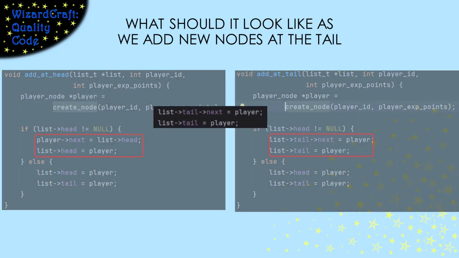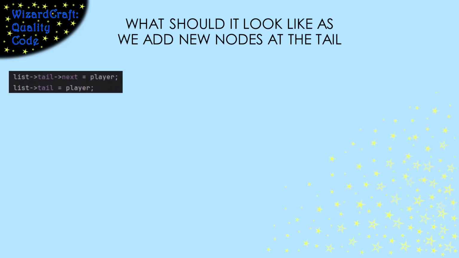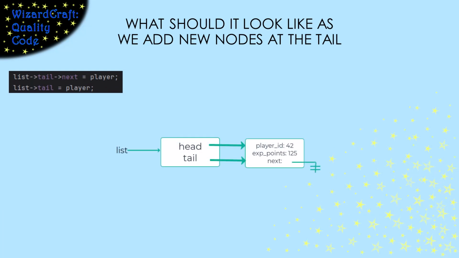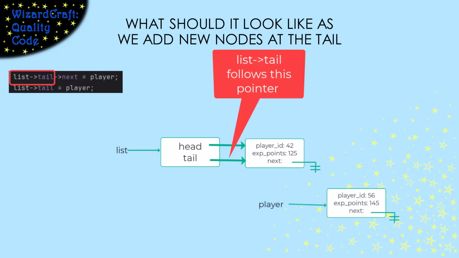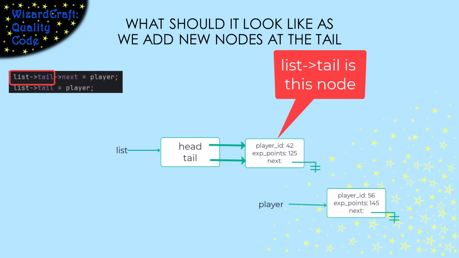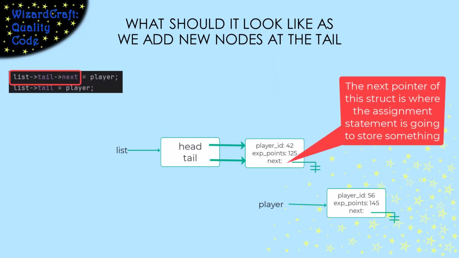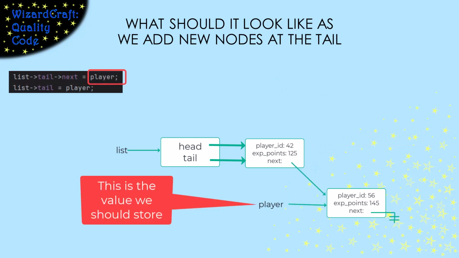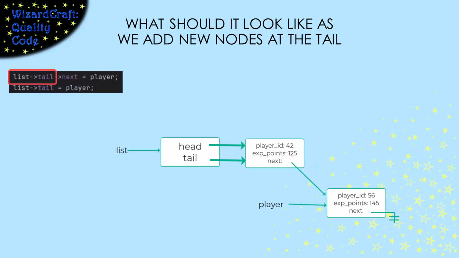To see what those two lines do, let's keep them visible and watch how they work. Here's a list that isn't empty, and say we're adding this new node. The first line says, start at the list struct and follow the tail pointer. That gets us to this node. Then make its next pointer point at player. Let's do that again.